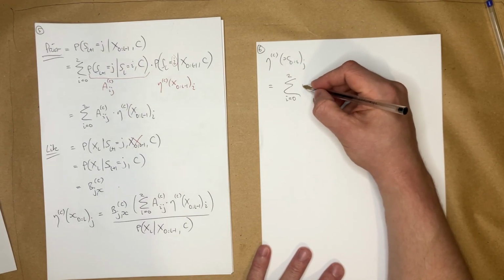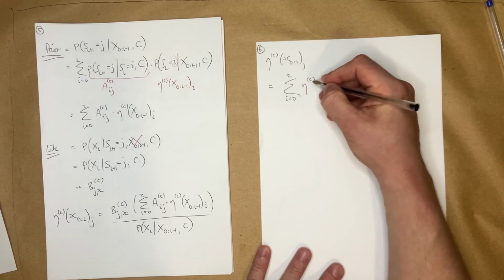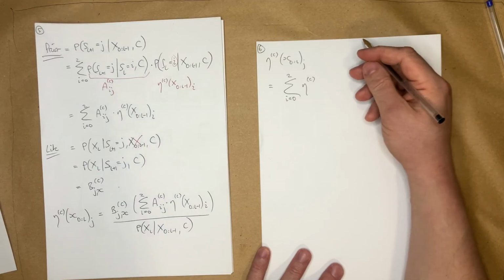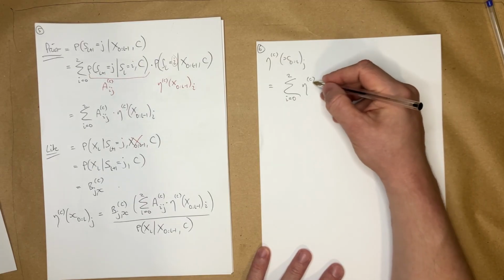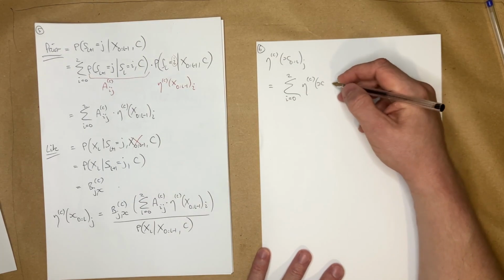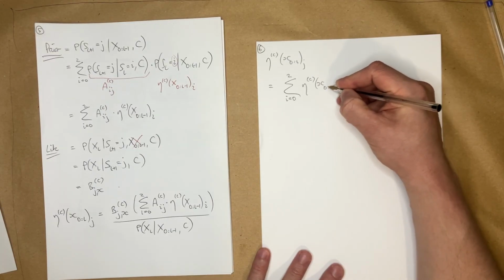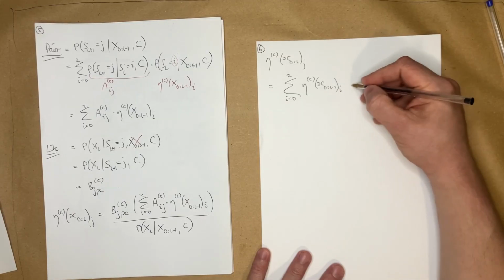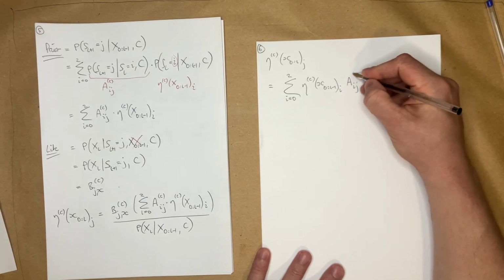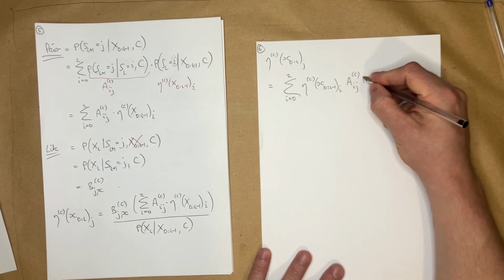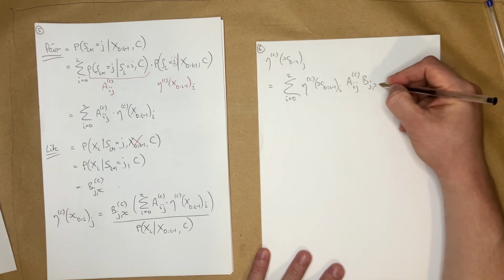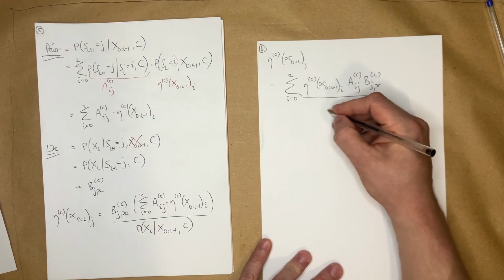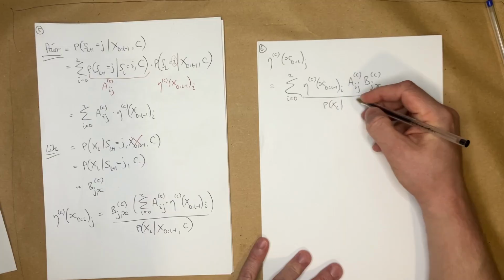I'm going to put eta first, because I want A and B to come afterwards, which I'll then identify as T, and the whole thing will make sense. X of 0 to L minus 1, and it's got an index I, and then I'm going to write A, I, and J of C, and we're going to bring B inside that summation. And again, I'll just divide by the same denominator.